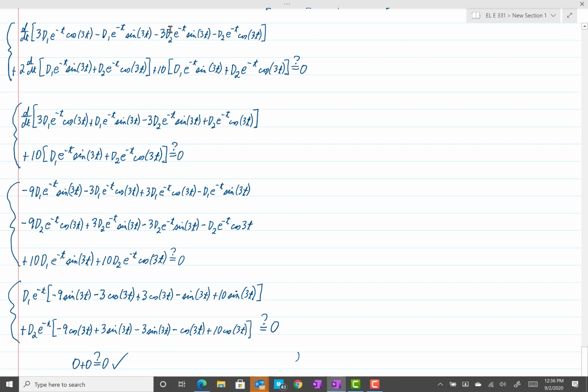And then this term comes down directly, but this term, the minus d2, and then we have plus 2d2, so that's how we get plus d2 e to the minus t cosine 3t there. You don't have to do it this way. This is just me trying to make things a little bit easier because this is a pretty tedious problem. So I get, and then I just bring this down here for the second line.